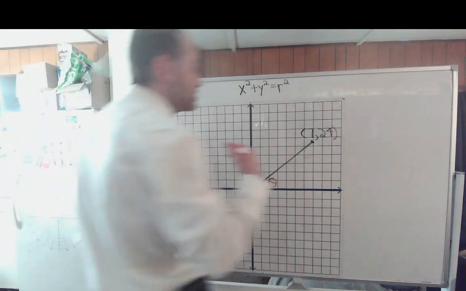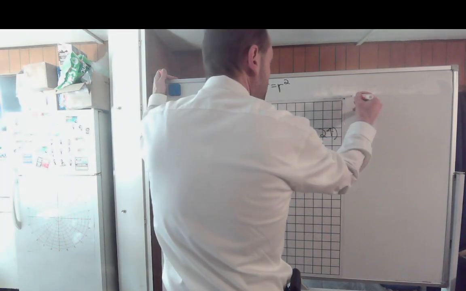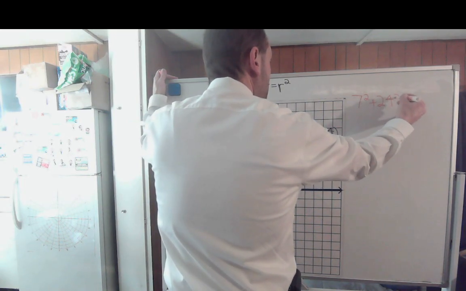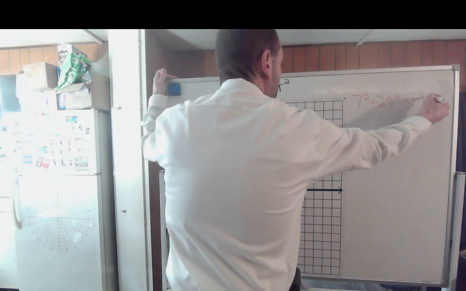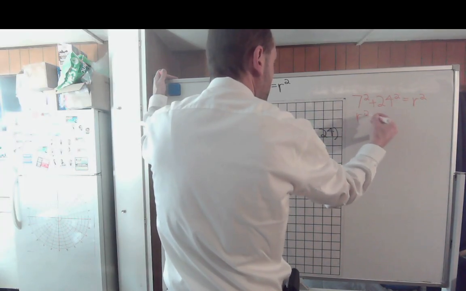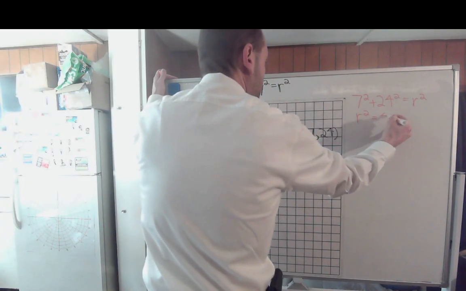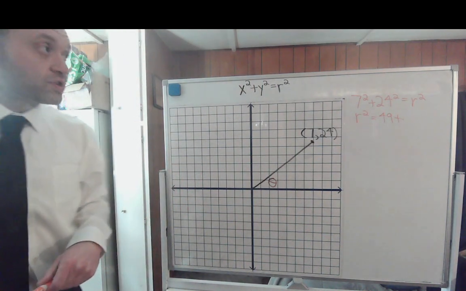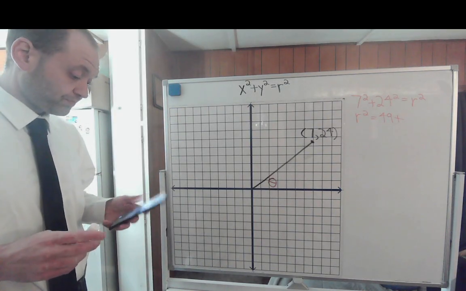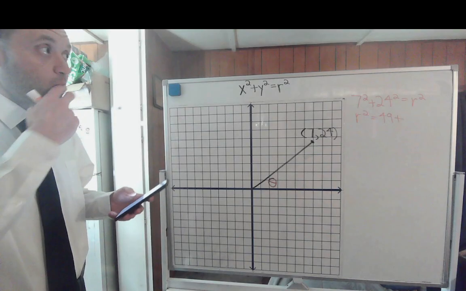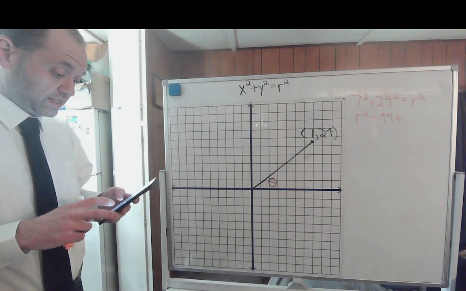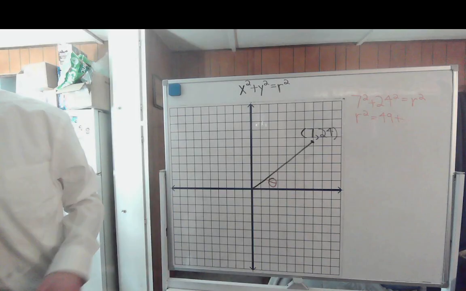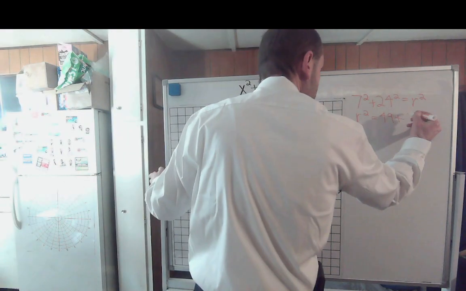Let's do that here. So this means that 7 squared plus 24 squared is equal to r squared. So r squared equals 49 plus, let's figure out what 24 squared is. 24 to the second power is going to be 576.